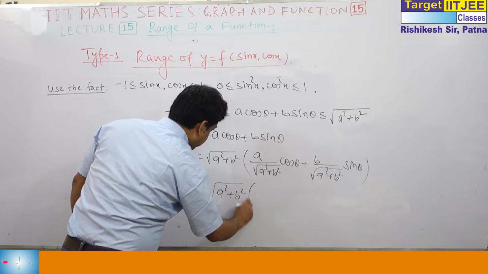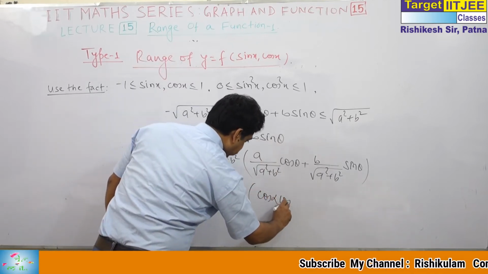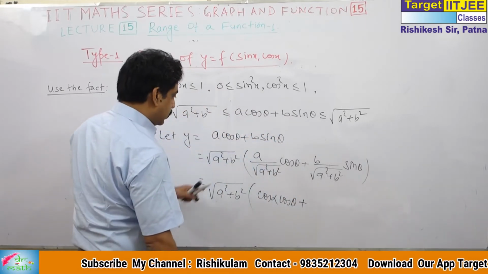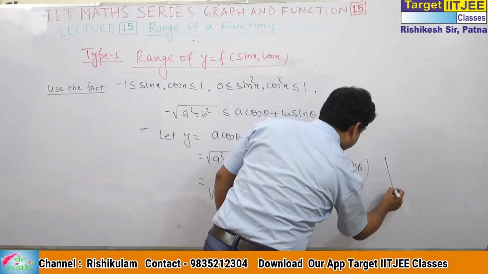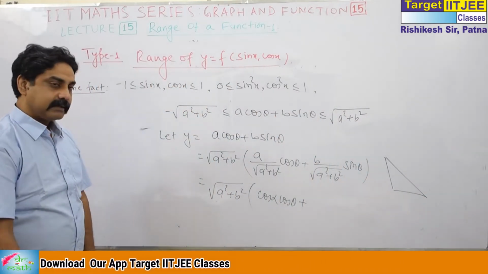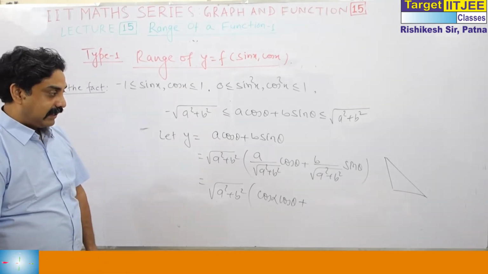Take a by root over a square plus b square as cos alpha. You can also take sin, either cos or sin. Actually, why this? If you want to go through the logic, I have given the class 11 lecture.